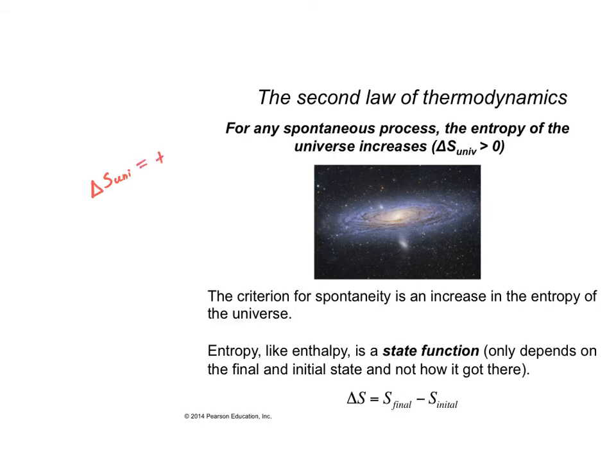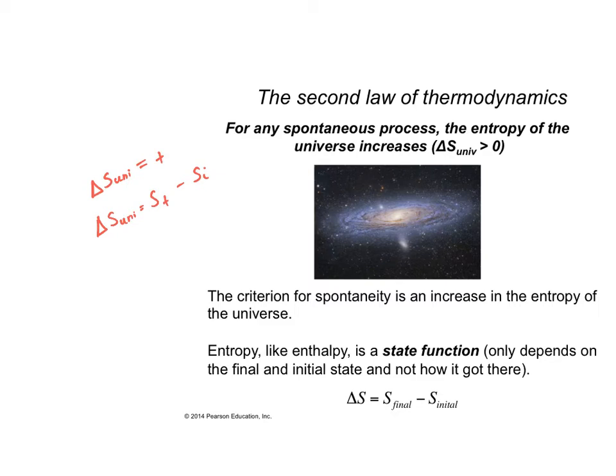So how do we normally measure delta S, or delta anything? Delta S of the universe is going to be the entropy of the final state minus the entropy of the initial state, S final minus S initial. If this has to be positive, for a spontaneous or favorable process, what does that tell you about the entropy of the final state versus the initial state?